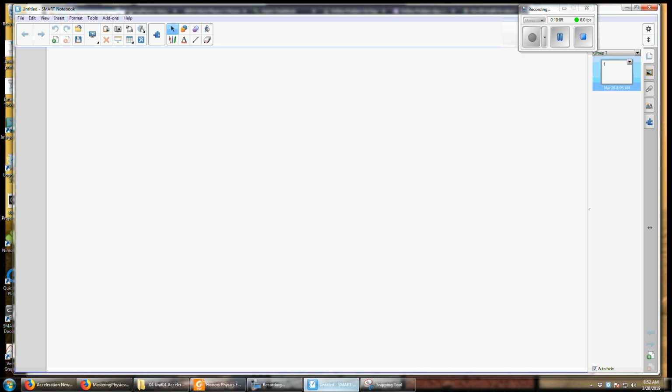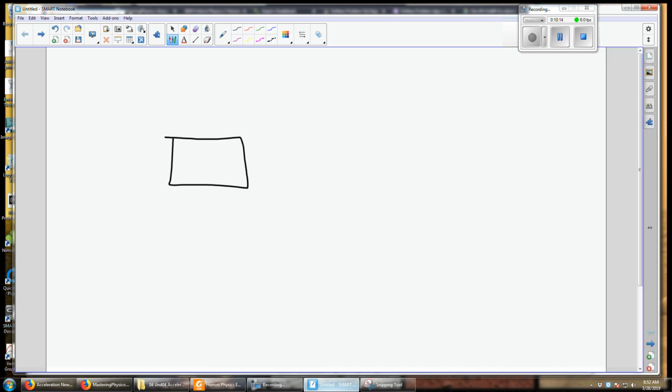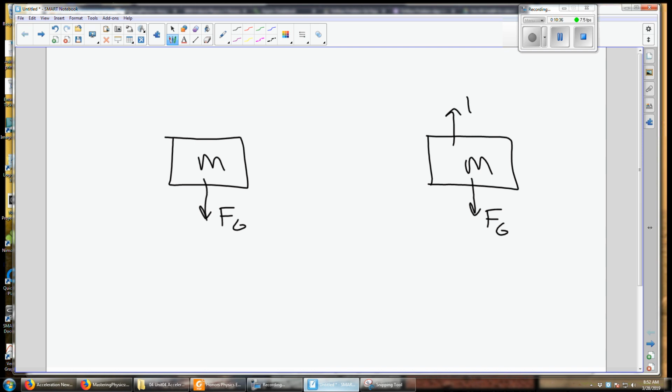So actually we need two force diagrams here. There's our crew member, and there's our crew member, and they're going to have, in both cases, their weight down, and they're going to have a normal force up.